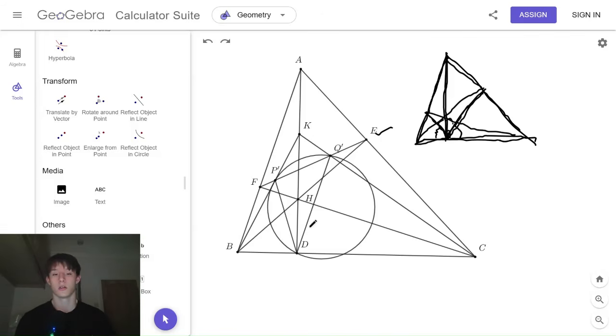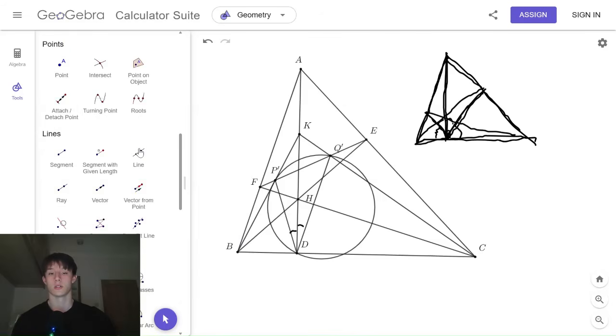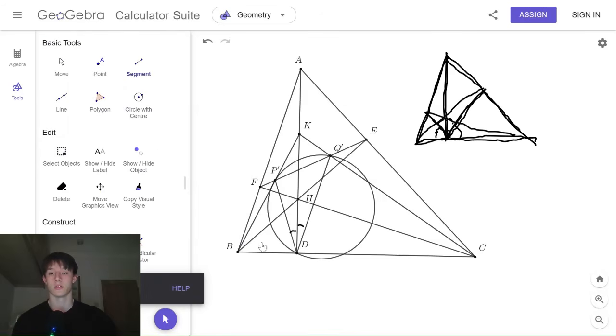If we look at triangle KBC, we can see that these two angles should be equal and lie on the height here. So essentially what we just want to show is that BQ' and CP' intersect on the height. And that's essentially all we need.